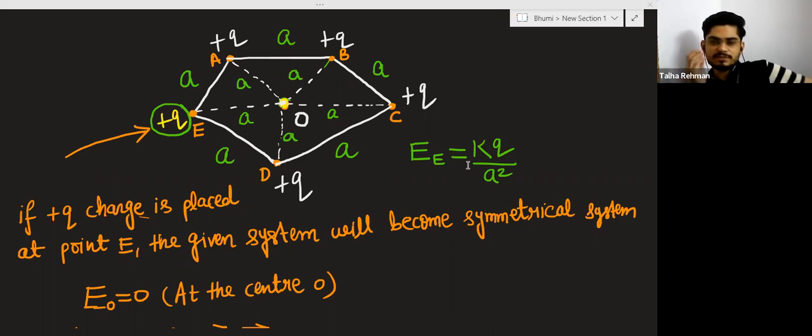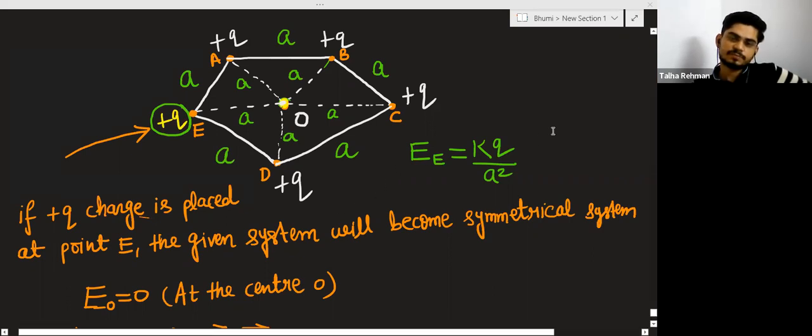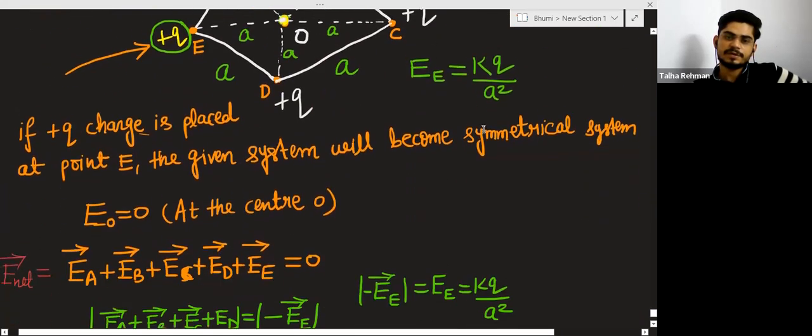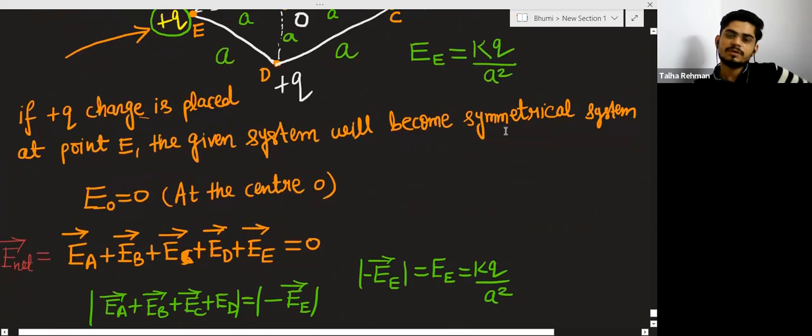We have to make the system symmetric, as we know that at the center of a symmetrical system, the net electric field is 0.